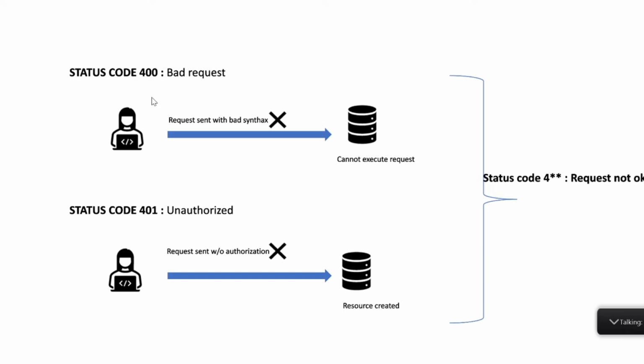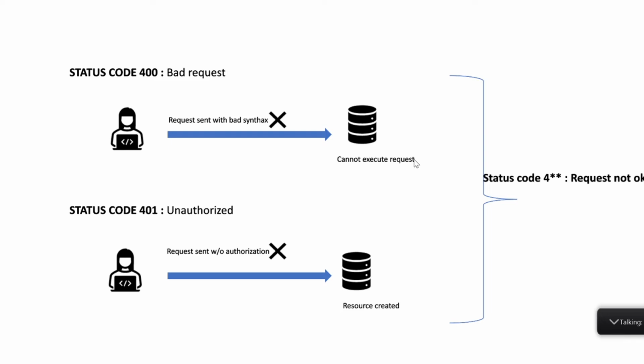So when you sent your request, something was wrong with its syntax. As a result, the server could not process your request and could not execute it, so you're receiving a code 400. In case you receive this code, check your syntax again to see if you formulated things properly so that the server can understand it.